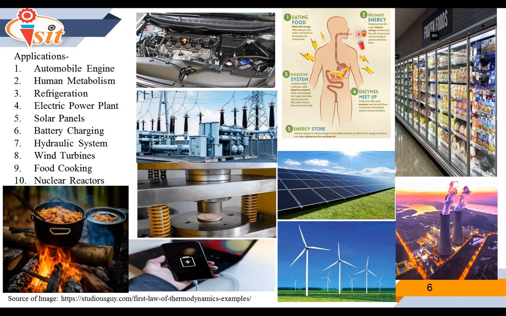The second example is human metabolism. This is one example where the first law of thermodynamics is used. When you consume food, your body extracts the chemical energy stored in macronutrients such as carbohydrates, fats, and proteins, and this energy is used through metabolic reactions within cells to power a range of physiological functions.